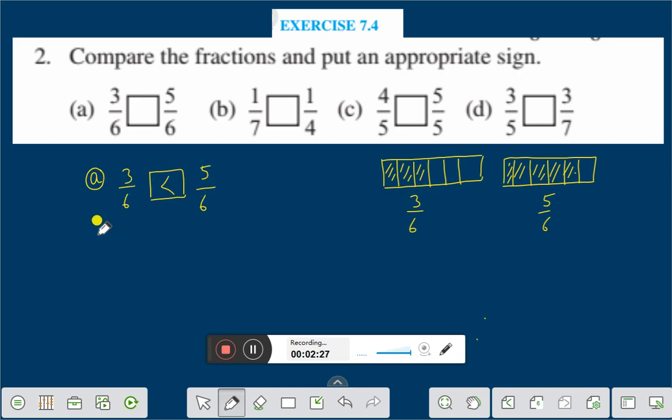Now question number B. Question number B is 1 by 7 and 1 by 4. Here we draw a figure like this.